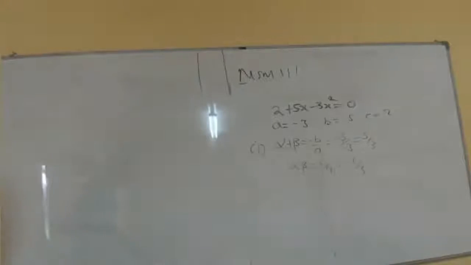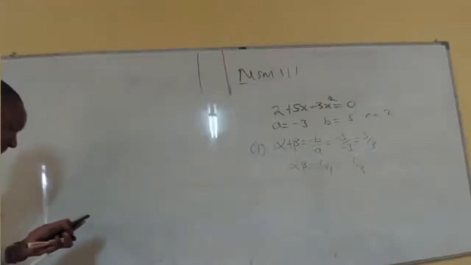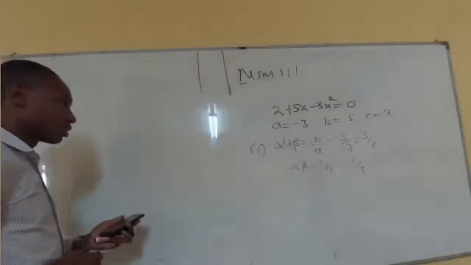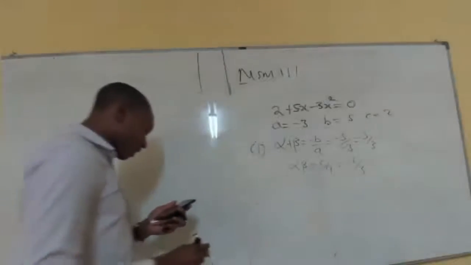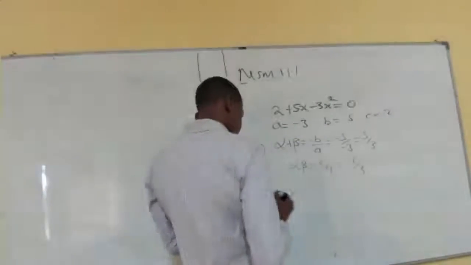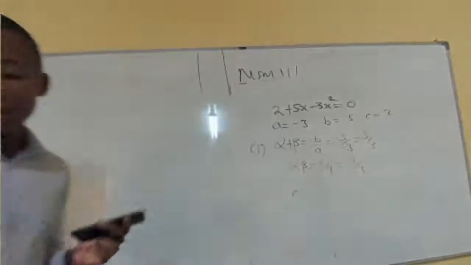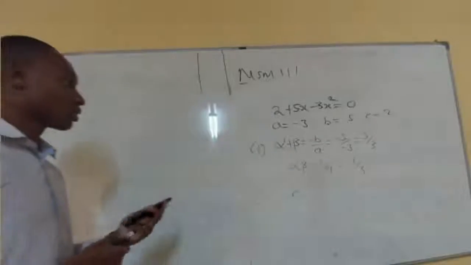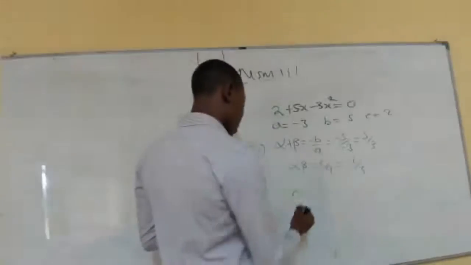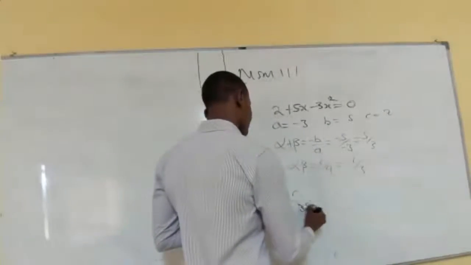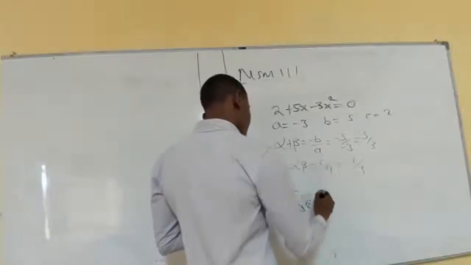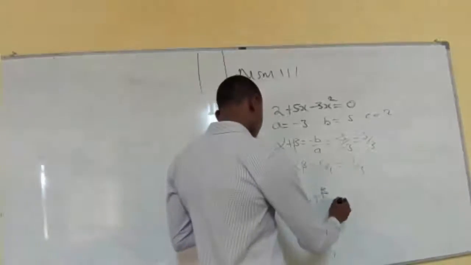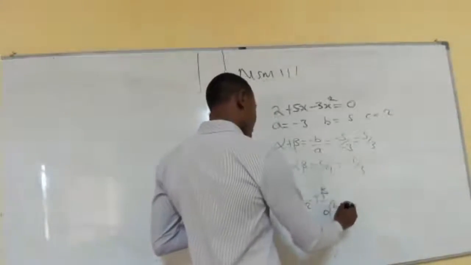According to the question that's been written for us, we've been asked to find alpha over beta squared plus beta over alpha squared.